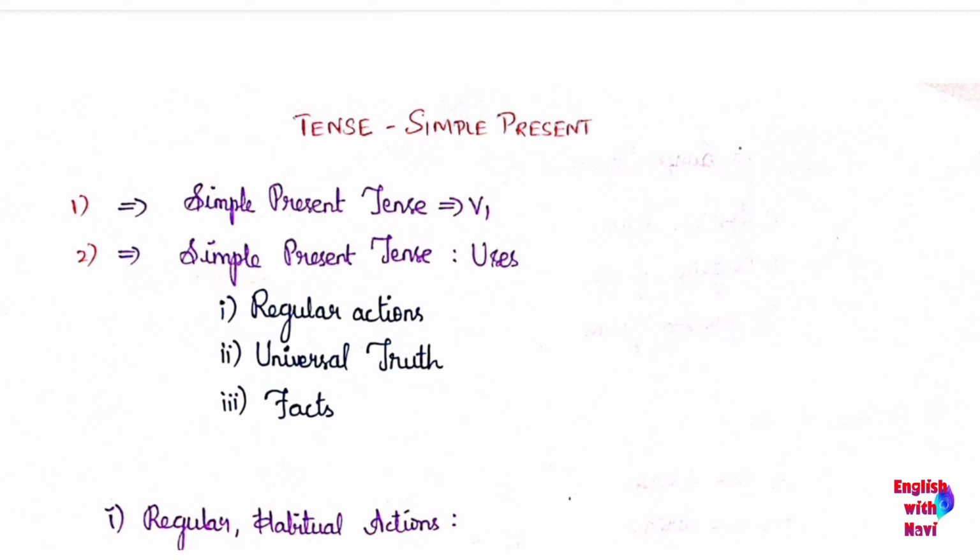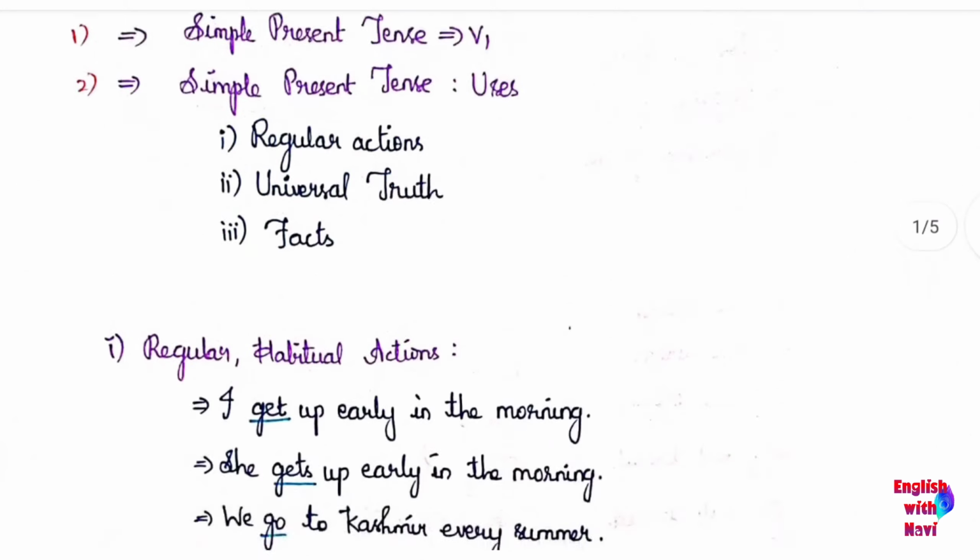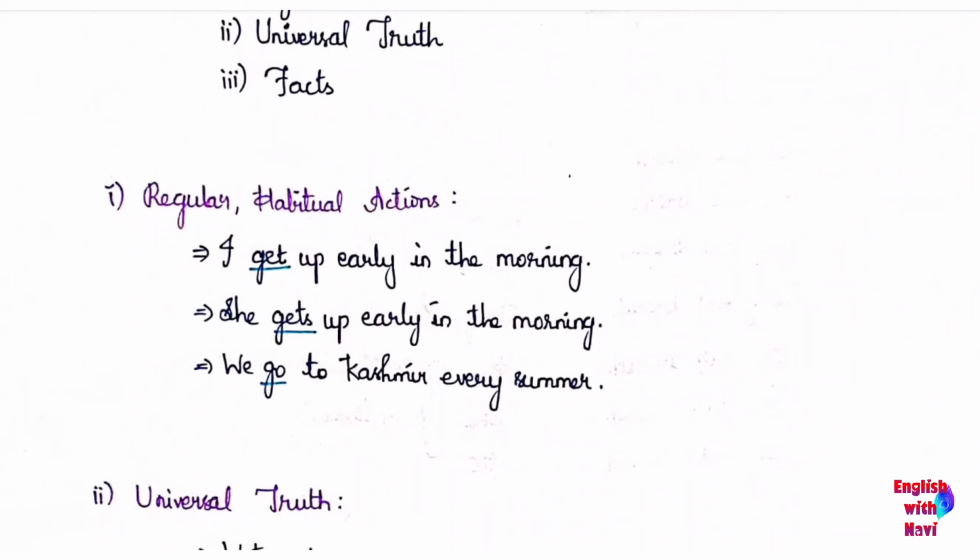Now let's talk about regular habitual actions. What do I mean by regular habitual actions? Let me explain. If I say, I get up early in the morning, just look at the first example sentence. That's actually a regular habitual action. Am I right? So look again. I get up early in the morning.